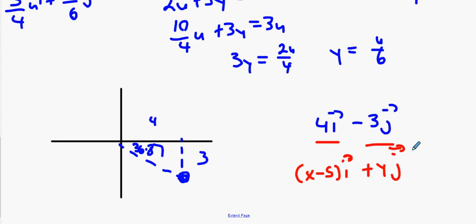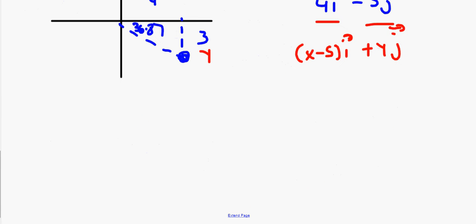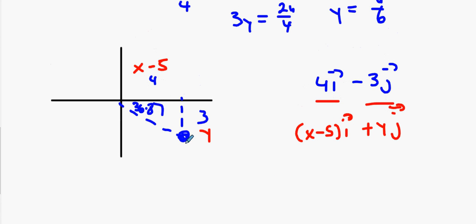Is that alright with you guys? We good so far? Now, what you would say here is that x minus 5 is this part here, and y is this part here. Now, because of the quadrant it's moving in, see the way it's moving downwards in the third quadrant? You know that more than likely that y value is negative, don't you?